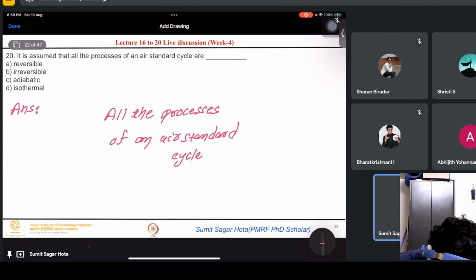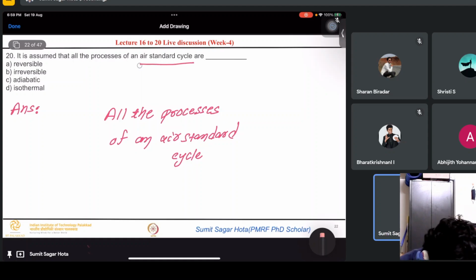Then you have to again read the question. It is assumed that all the processes of an air standard cycle. So it's asking only about the processes. It does not care whether the system is adiabatic, isothermal, constant volume or constant pressure. It only wants to know what extra thing we have to assume in the process in any kind of air standard cycle.